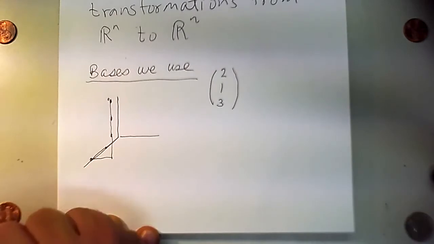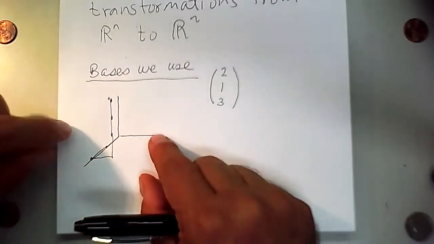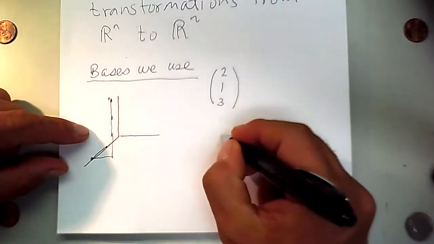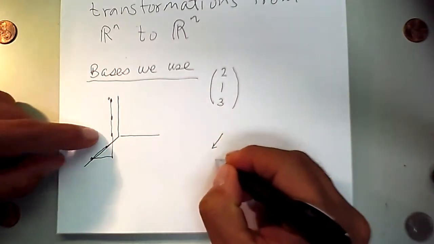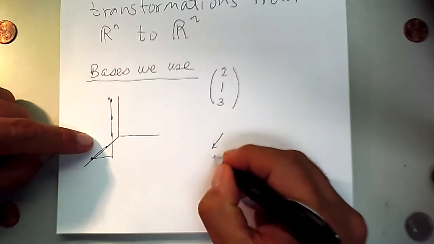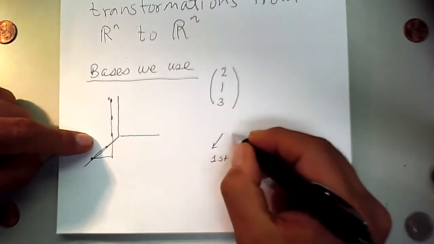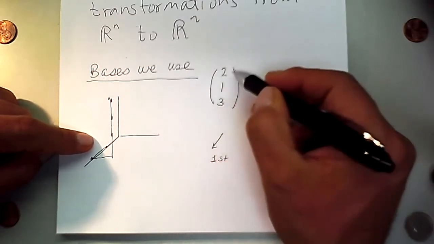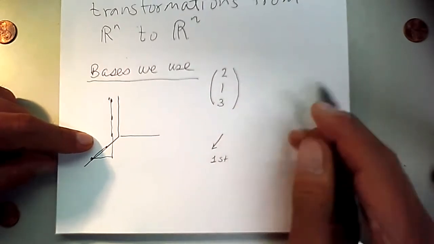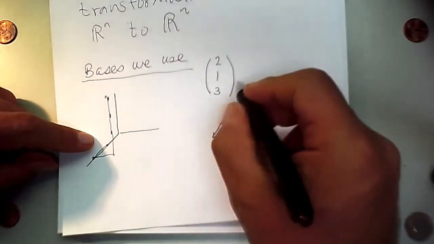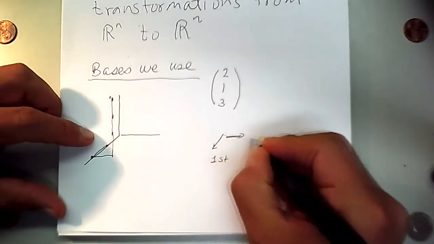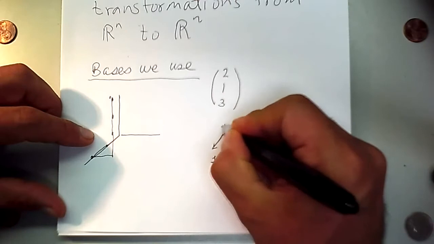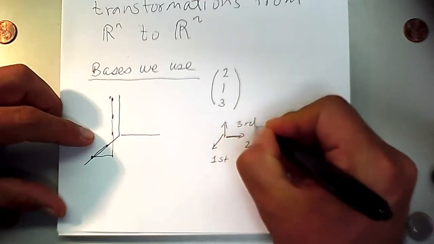But in reality, that assumes that we are using this vector, which is this direction, as the first coordinate. This coordinate tells us that we're using this vector first, and then this vector second, and then this vector third.